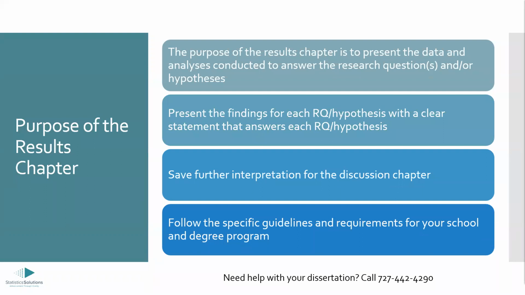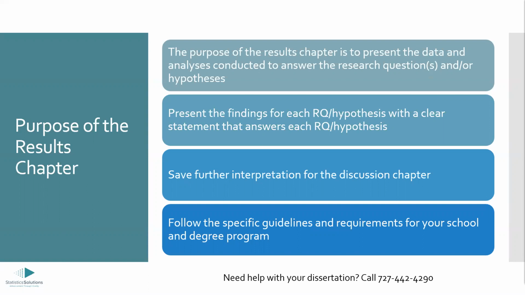While we will be discussing the sections that are typical to present in the results chapter based on our experience with many different schools, you do want to make sure that you check your specific school or degree program's guidelines for the results chapter.